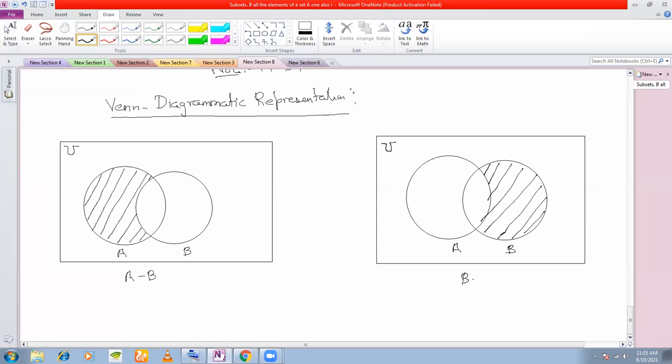So this is the set B minus A. Okay. So that is a Venn diagrammatic representation for difference of sets when A and B are overlapping sets. Obviously, you can write this as A forward slash B, and you can write this as B forward slash A.